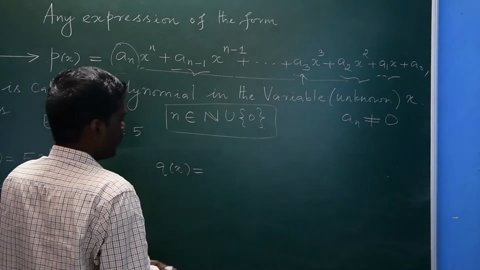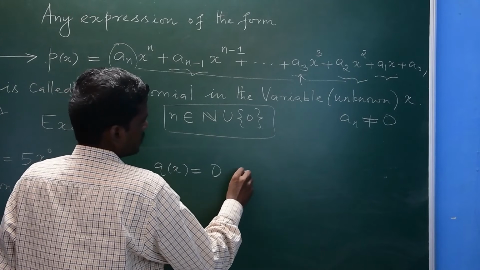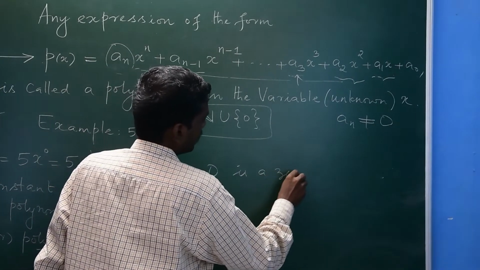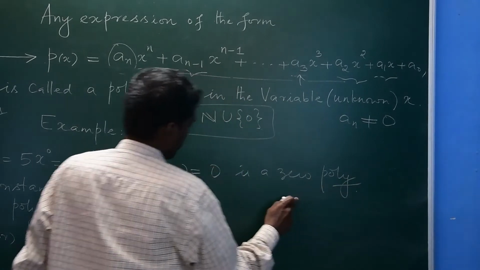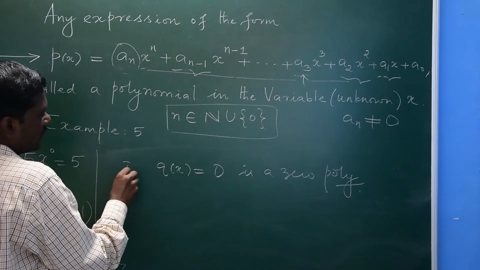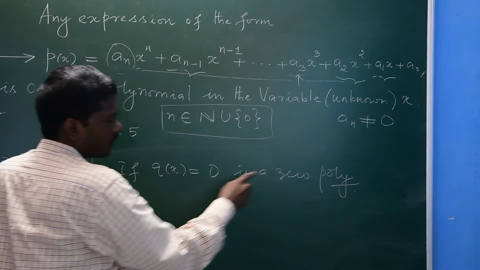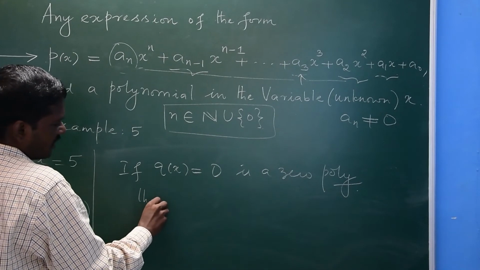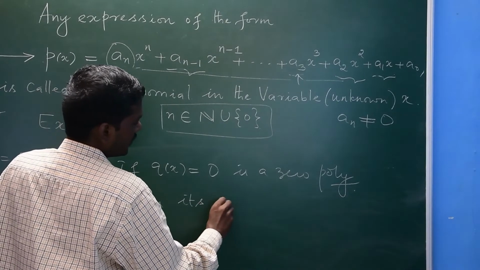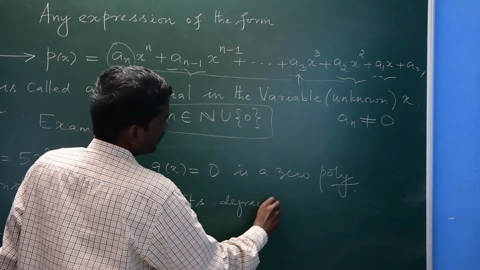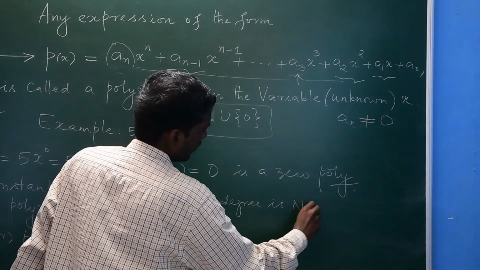So what will happen if it is a zero polynomial? If q of x is equal to 0, a zero polynomial, then its degree is not defined.